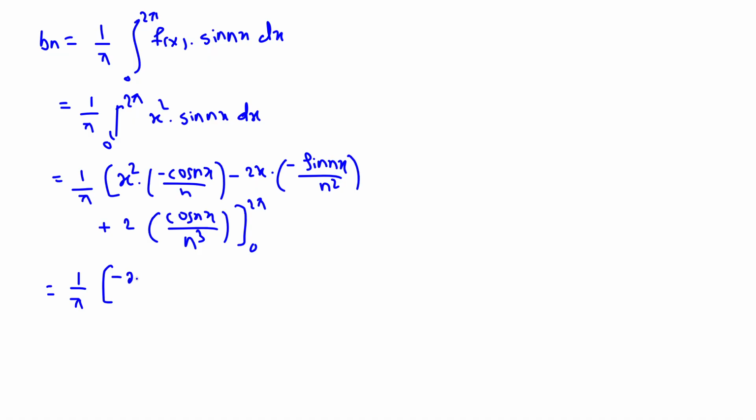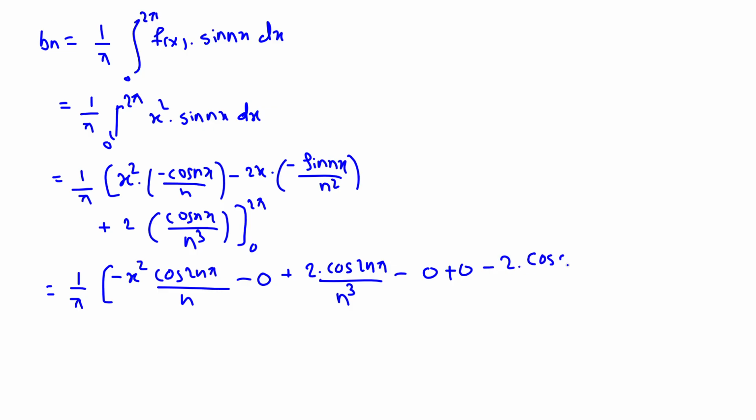So what I am doing, minus x square, instead of x initially put 2 pi, so you will get cos 2n pi divided by n, minus second term is 0, plus 2 into cos 2n pi divided by n cube, and minus, now you have to put lower limit, so first term 0 into cos n pi will be 0, even second term is sine, so again it will be 0, and minus 2 cos 0 upon n cube.